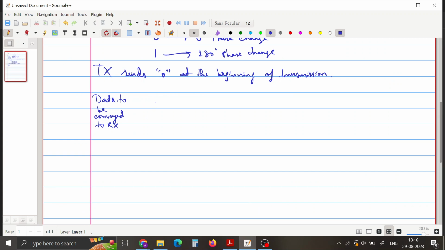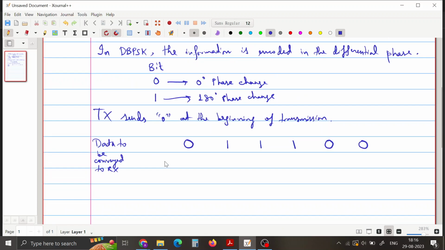That has to be conveyed. And we just know the rule here. For bit 0, 0-degree phase, for bit 1, 180-degree phase. So I'll just write it here.